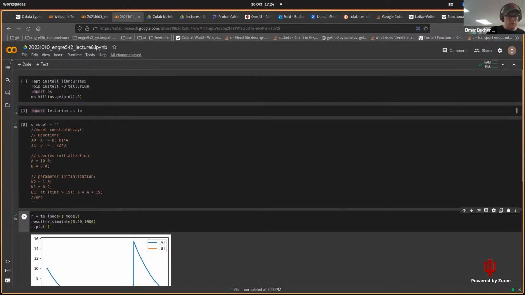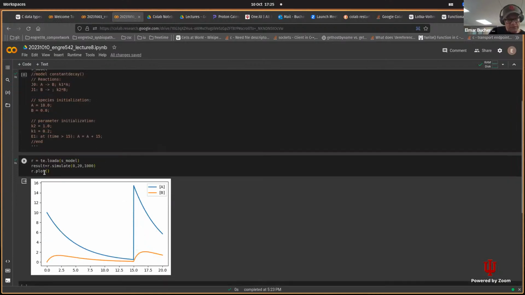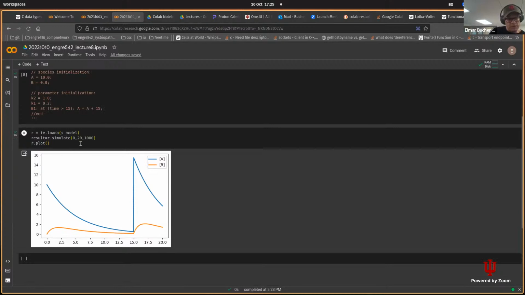For this command here, I just want to quickly point out that you don't have to restart. It automatically restarts the process, but you have to do this, and then after that shift enter, but you don't have to go here and restart the runtime. It's a bit easier. Then this is the model that I have, I load it, simulate it over 20 minutes or whatever the time is, and plot it.